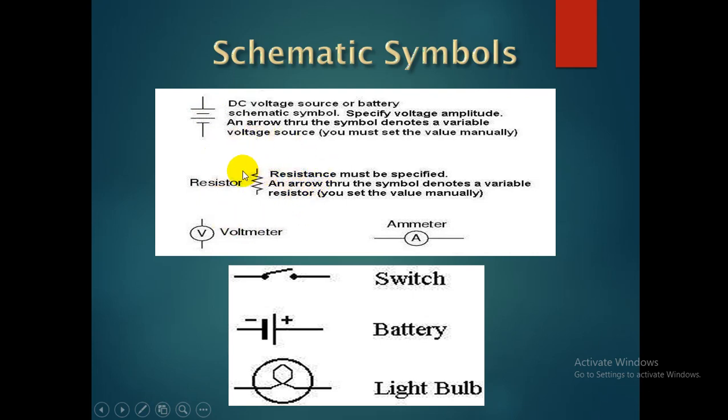Here is the resistor symbol. We are very familiar with it. And this is a DC voltmeter or a DC ammeter, and this is a switch, the battery symbol, and bulb.